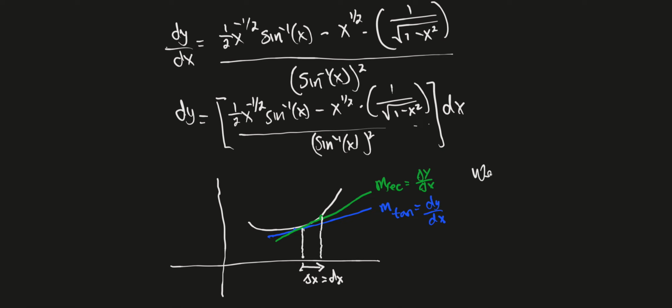So when our delta x, which is the same as our dx now, is small, and again I'll put this in quotes, what do we mean by small? Well, we have a relative idea of what small is. So when the change in x is small, the slope of the secant line is approximately equal to the slope of the tangent line.